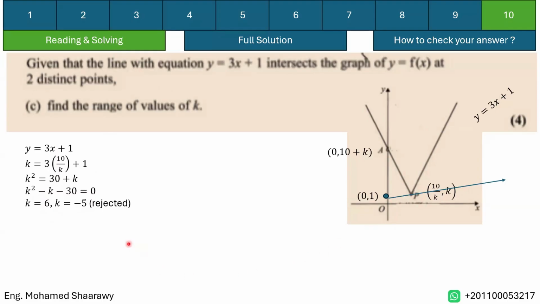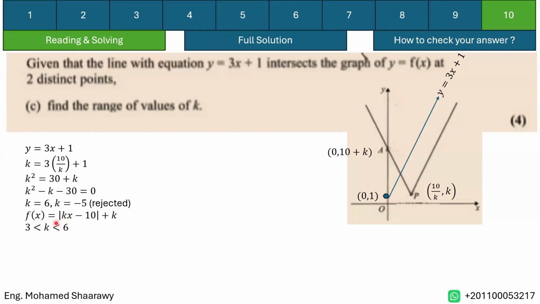Okay, let me check the second extreme position, which is when this line will be parallel to this one. How can I know that? What is controlling the slope of this line I'm pointing at? It's actually the slope of this function itself.